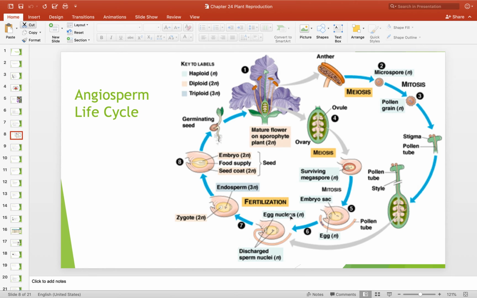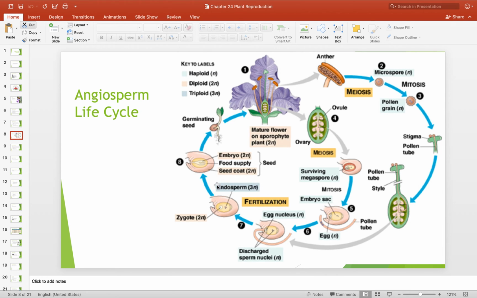So the egg nucleus, which is in this embryo sac, and the pollen, which comes through this pollen tube and into the embryo sac. You're going to have one sperm discharged into the embryo sac, the other into the egg nucleus. And that's where fertilization happens.